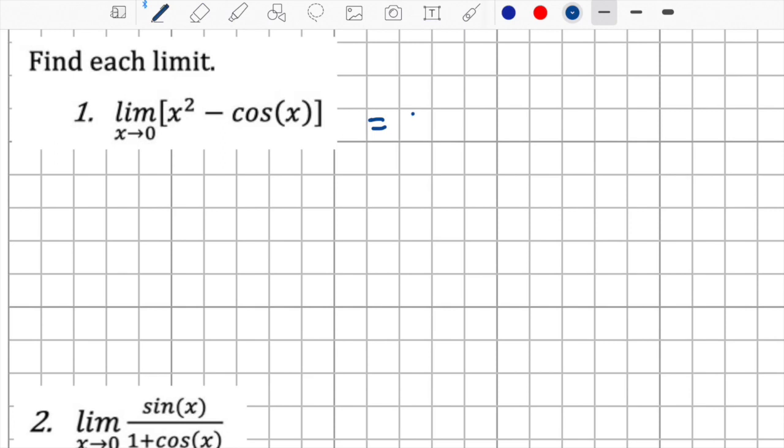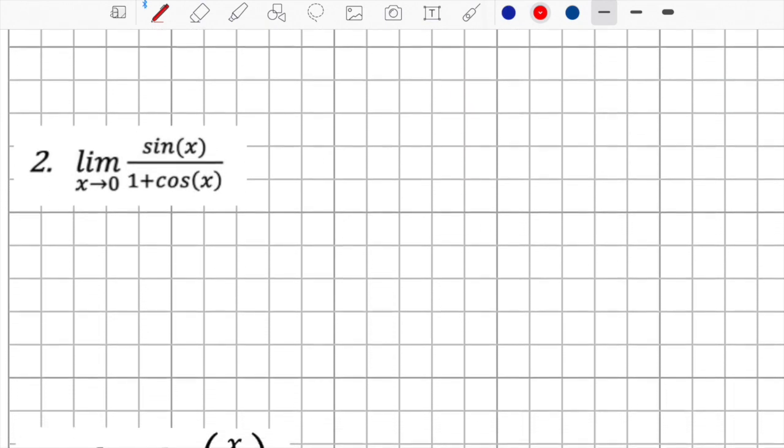If I plug it in, we're going to get 0 squared minus cosine of 0. 0 squared is 0. Cosine of 0 is 1, but there's a negative in front, so we end up with negative 1. We have a number, so that is the limit.